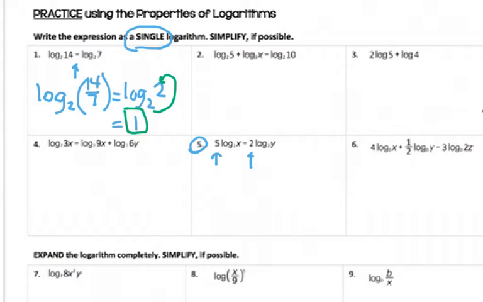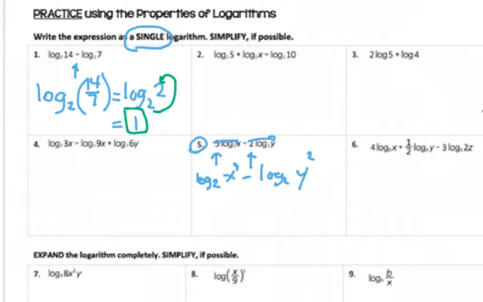The 2 right here is another power because it's right in the front. So this is going to go here, and this is going to go here. So this is log base 2 of x to the 5th minus log base 2 of y squared.